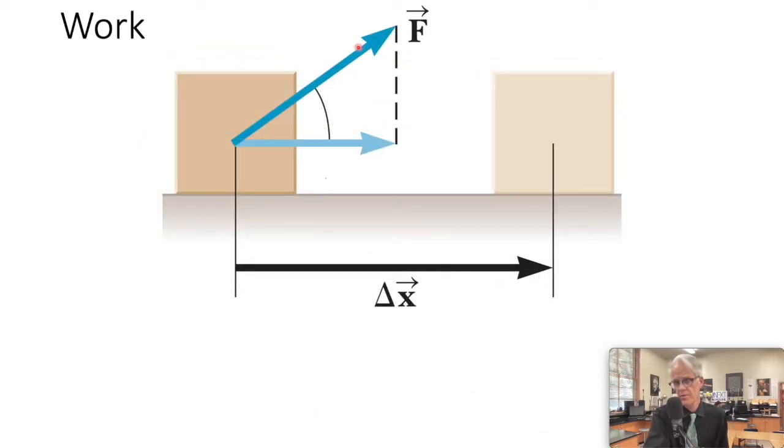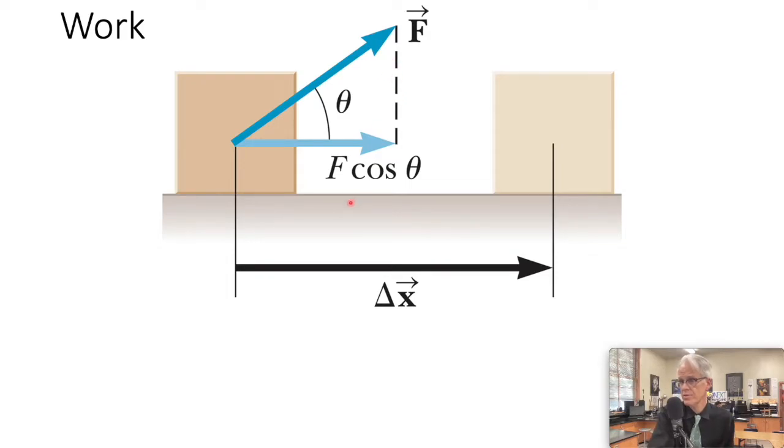Now, what if the force is not going parallel to the displacement? Well, only the component of the force that is parallel to the displacement will do work. In this case, we will have to find the component of the force that is going parallel to our displacement.